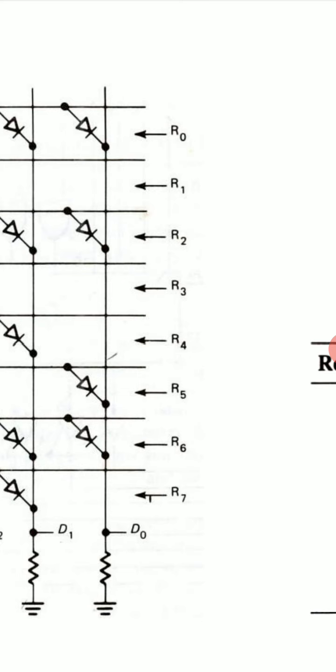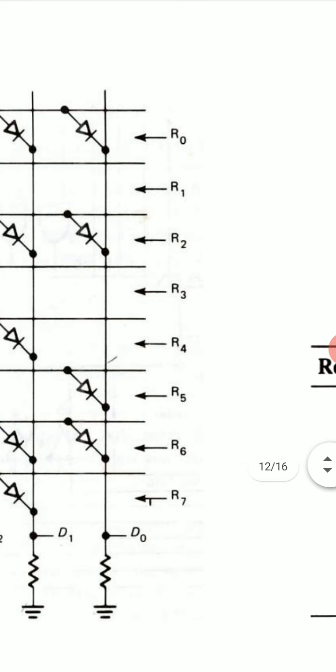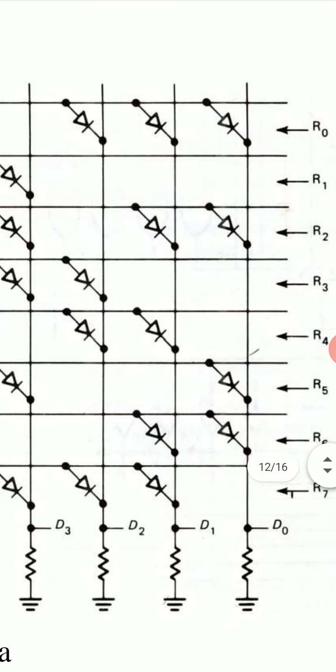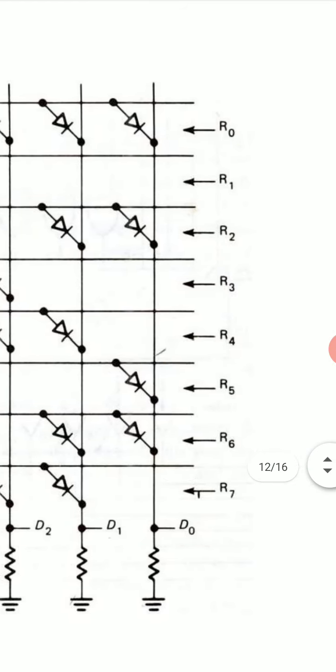These 8 horizontal lines are 8 registers. We write them R0, R1, R2, R3 up to R7.